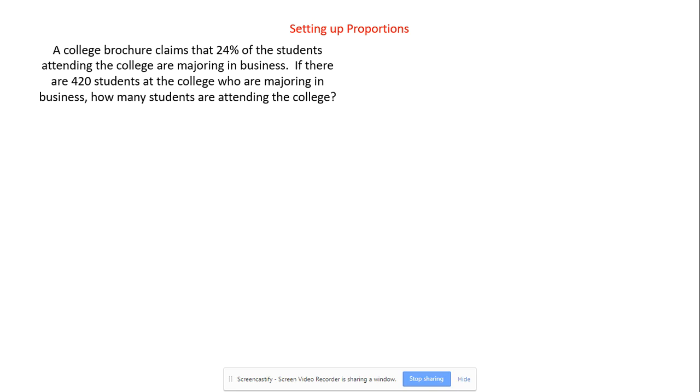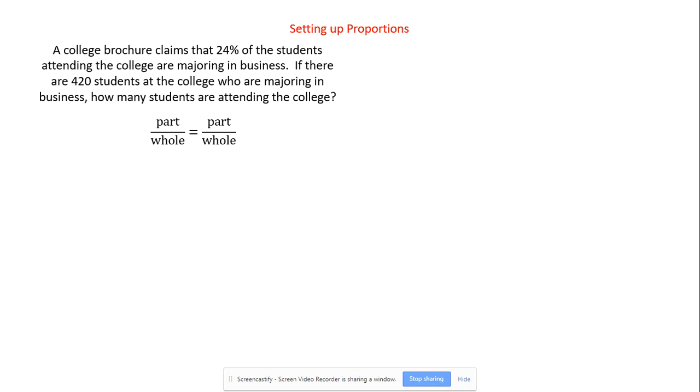And so we're going to have two fractions. When we set up these fractions, we need to make sure that pieces stay the same. In this case, I'd want the part divided by the whole equals the part divided by the whole. So we have two things. We have a percentage. 24% of the students are in business out of the whole 100%.